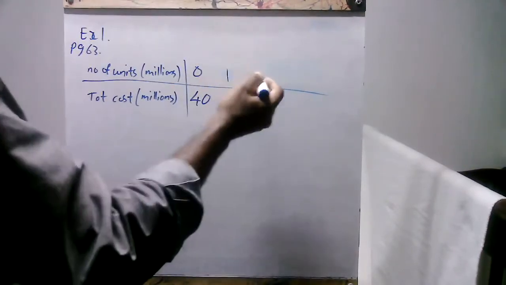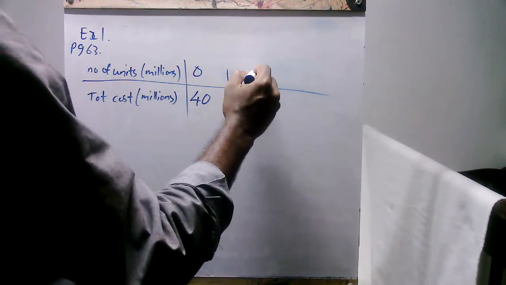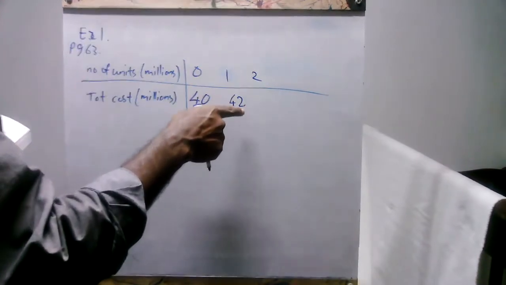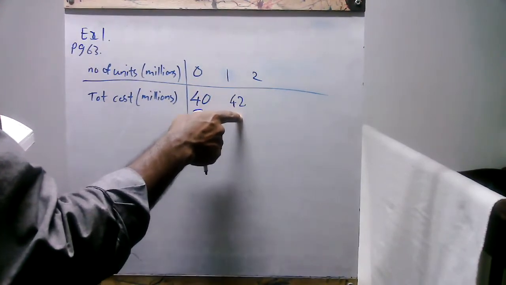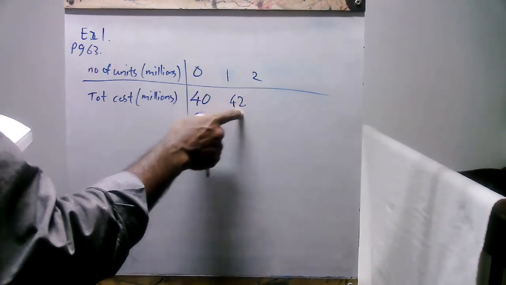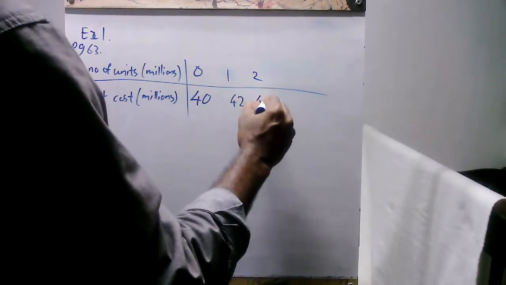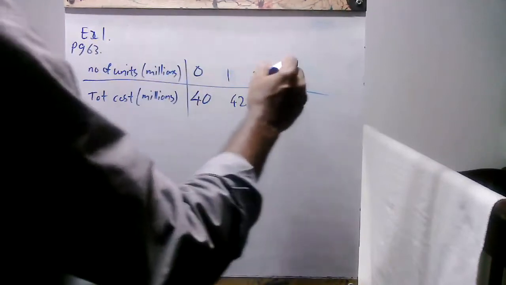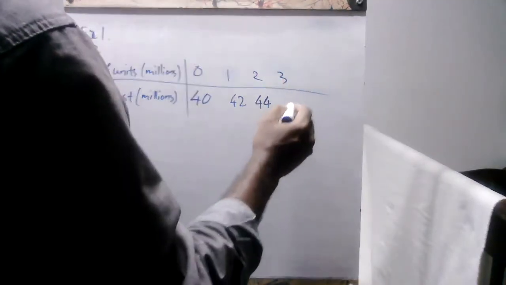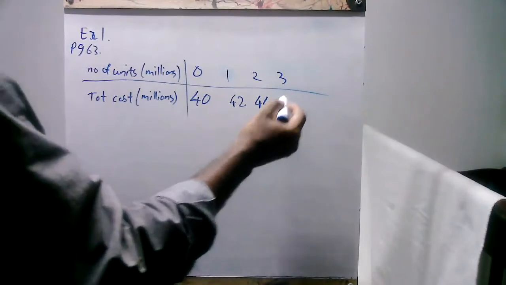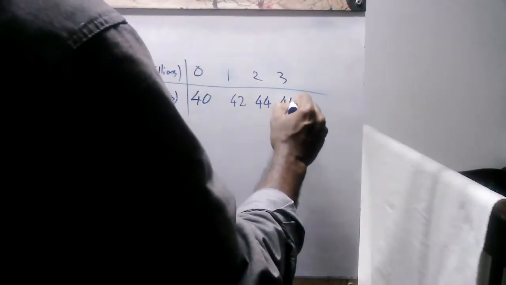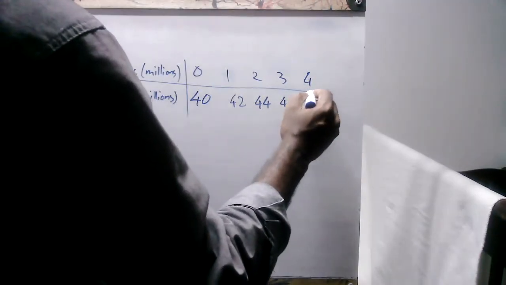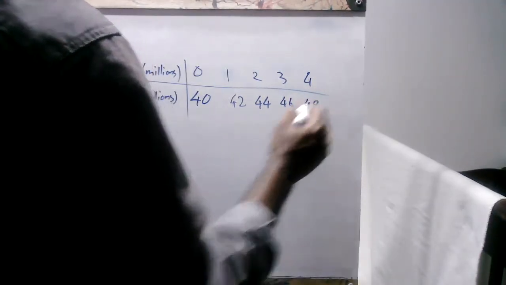To produce another million unit, say 2 million, they have to spend another 2 million here. So 42 plus 2 is 44. Another million, that means 3 million units. You have to spend another 2 million here. 46. 4, you have to add another 2 here. 48. Right?